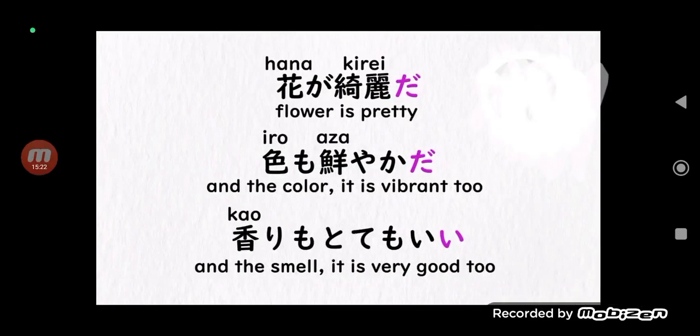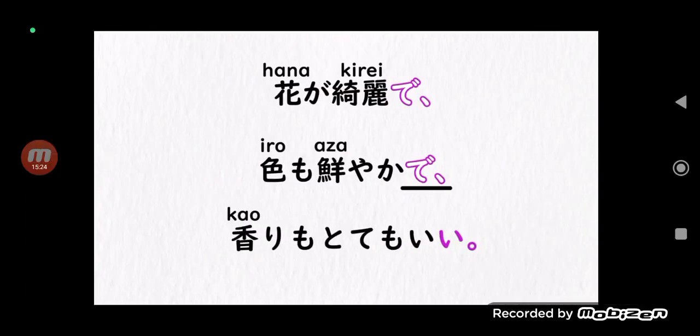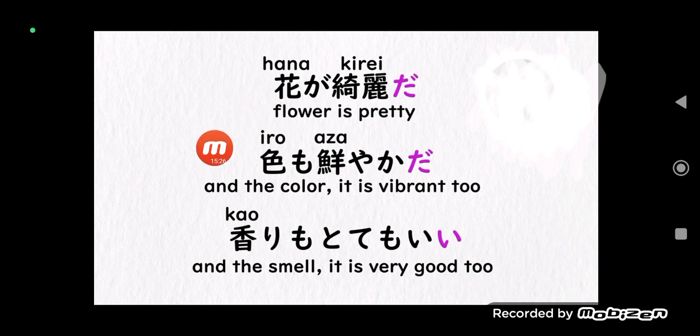So let's convert that into a compound sentence using de. Hana ga kirei da, iro mo azayaka da, kaori mo totemo ii. Because these are three mini sentences, let's combine them all into just one compound sentence by the technique: the sentence ender copula da or desu converts to de.